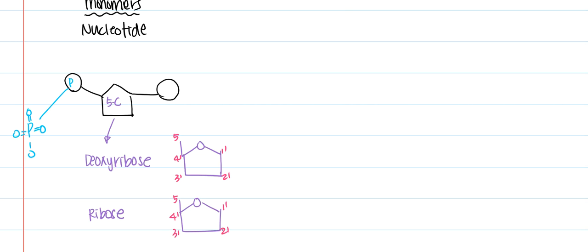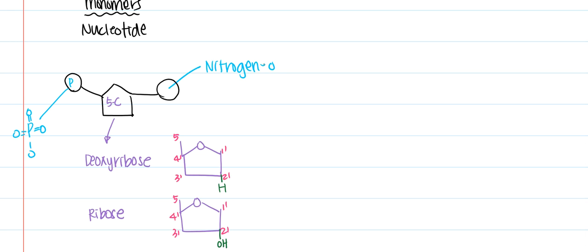Just like the word suggests, ribose has an OH on its 2' carbon. Deoxyribose does not, because it does not have an oxygen, it only has a hydrogen. This becomes very important later on when we're doing DNA replication and using primers. All right, now this right here is a nitrogenous base.